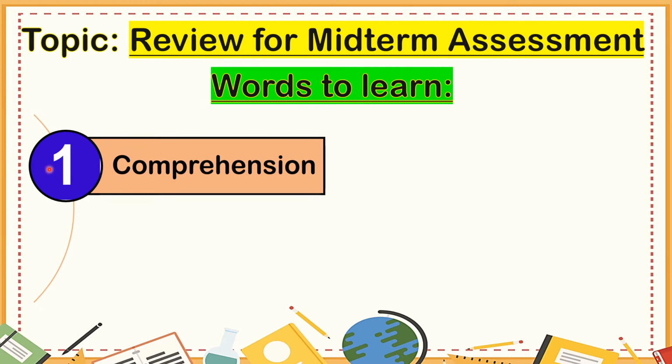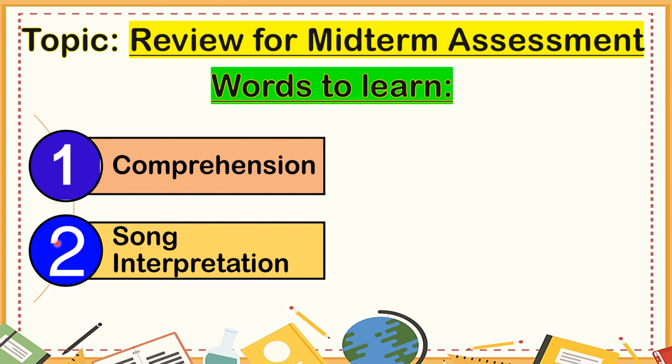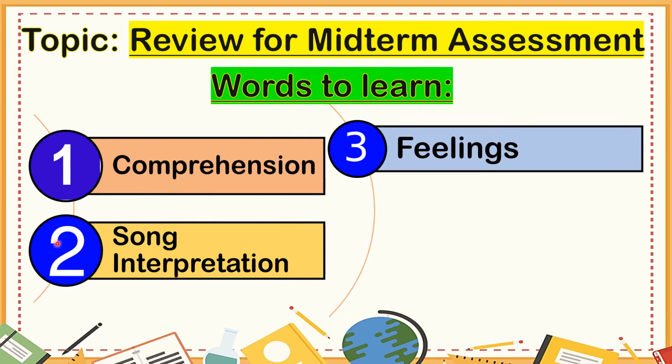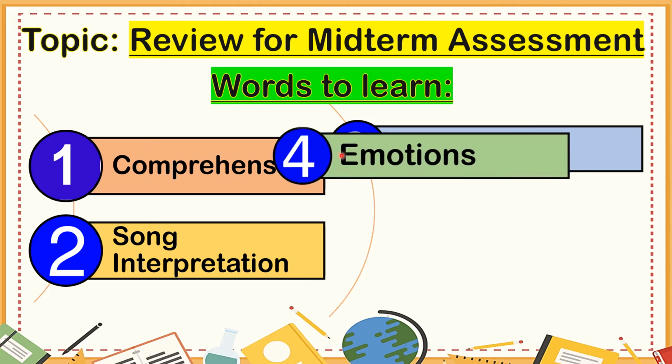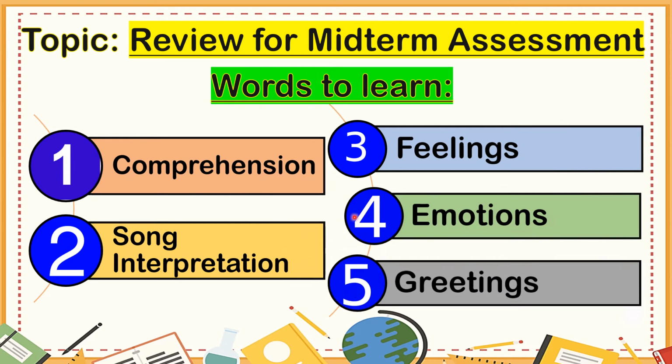Number 1, comprehension. Number 2, song interpretation. Number 3, feelings. Number 4, emotions. And number 5, greetings. So again, class, these are the topics that will be in your midterm assessment.